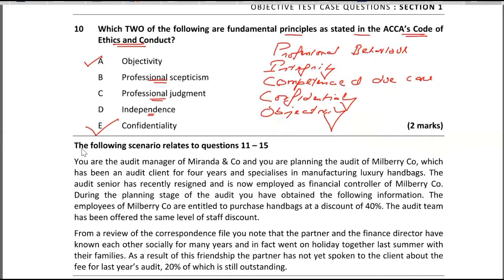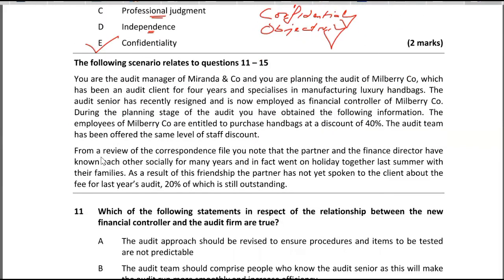Very good. Now, the following scenario relates to questions 11 to 15. All right. You are the audit manager of Mirinda and Company, and you are planning the audit of the Milbury Company, which has been an audit client for 4 years and specializes in manufacturing luxury handbags. So you are actually the audit manager of Mirinda and Company, and this is the client firm.